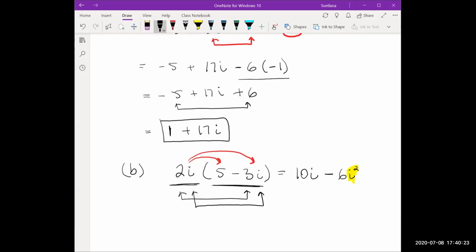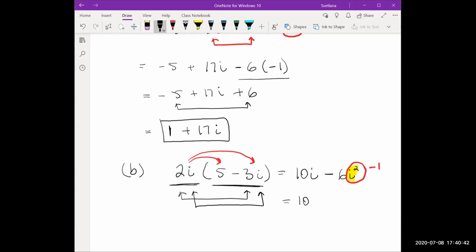You cannot avoid it. But since you will get i squared every time, you need to remember to replace it by -1. So i squared equals -1. Somehow we end up with -6 and -1 again. This is just a coincidence.